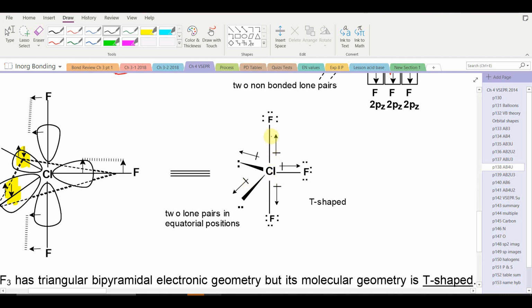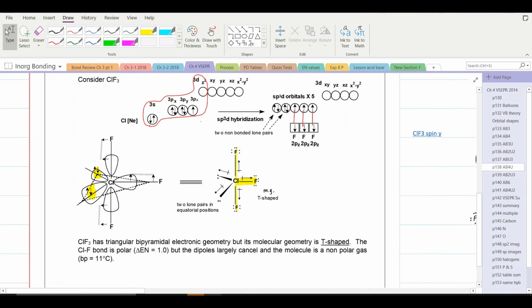The electronic geometry is, of course, triangular bipyramidal, but the molecular geometry is described as being T-shaped. So it does kind of make the letter T, right? It turns out that ClF3 is a non-polar gas with a low boiling point.